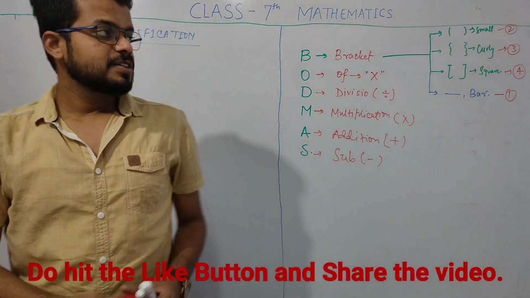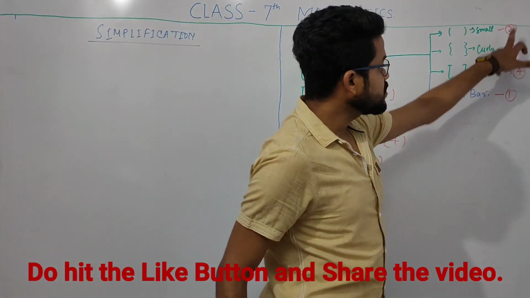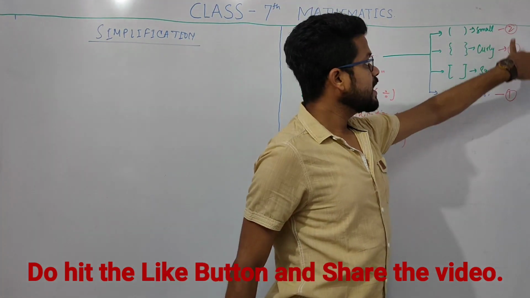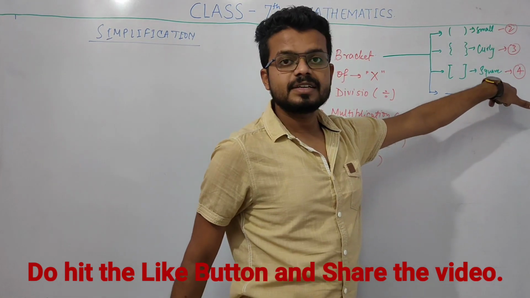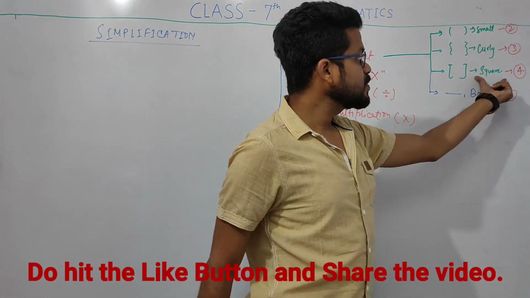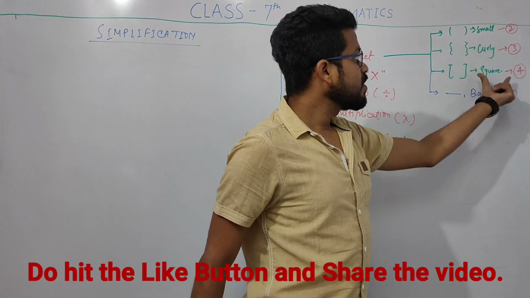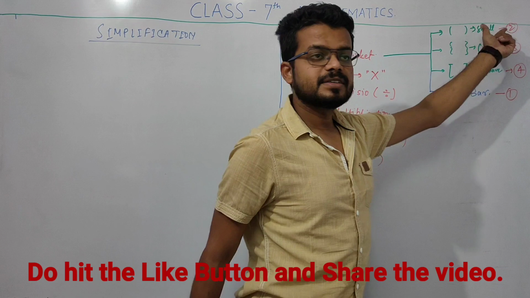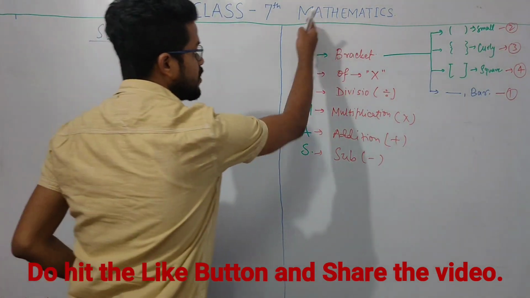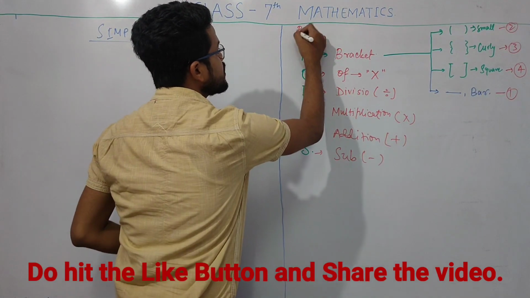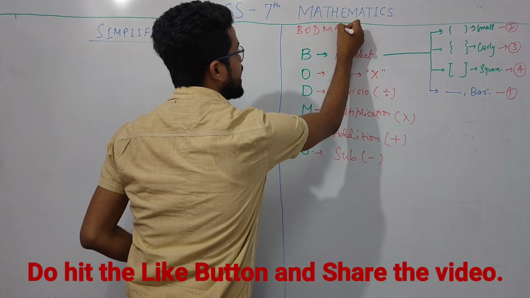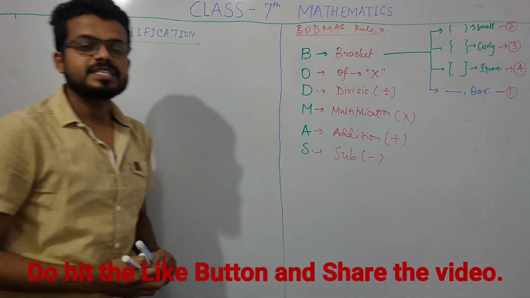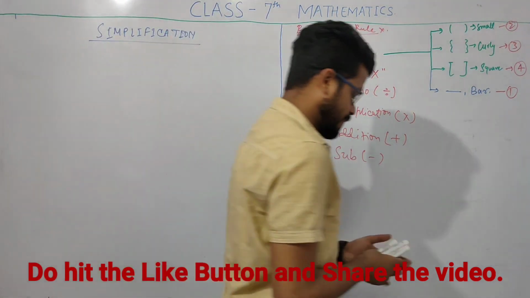So try to understand this order. The square is also called the big or large bracket, the curly is the medium bracket, and this is the small bracket. So this is all about the BODMAS rule. Without this rule, we can't solve a simplification problem.